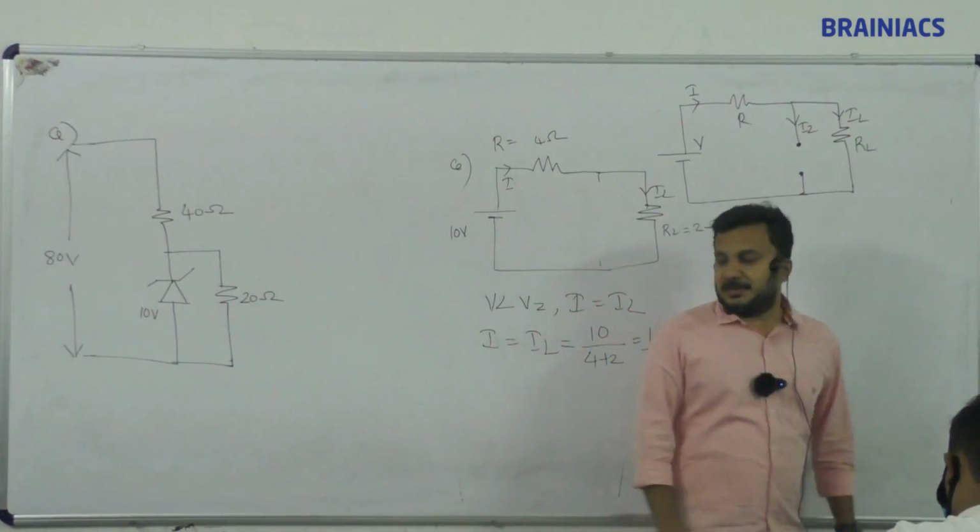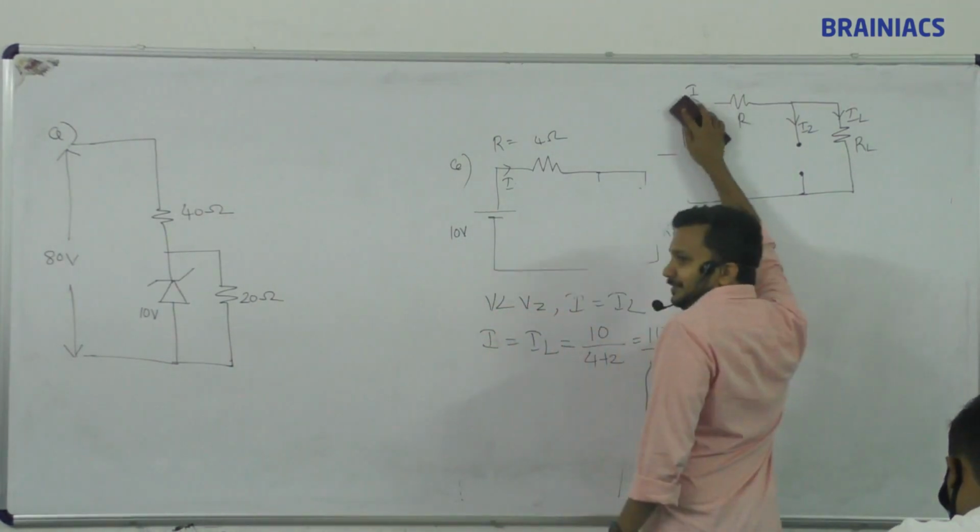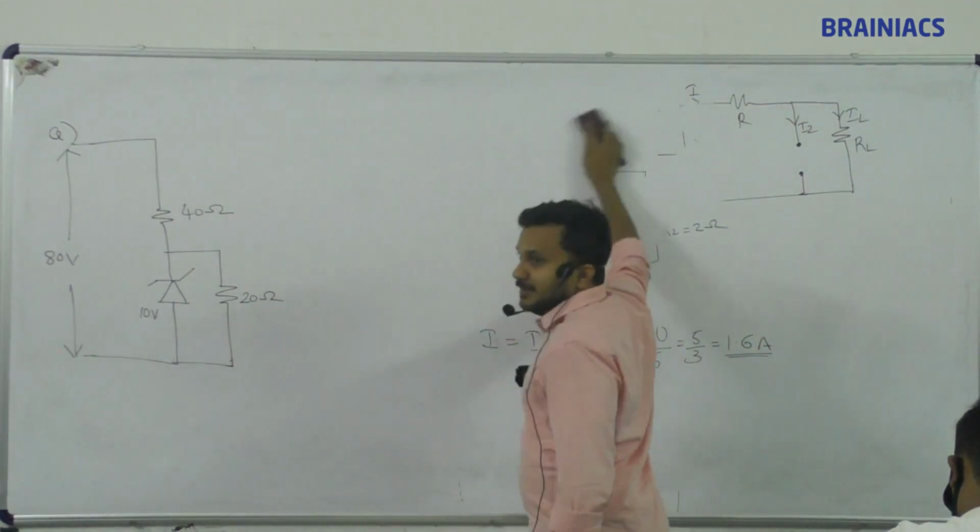What's the difference between the previous circuit and this circuit? Tell me.